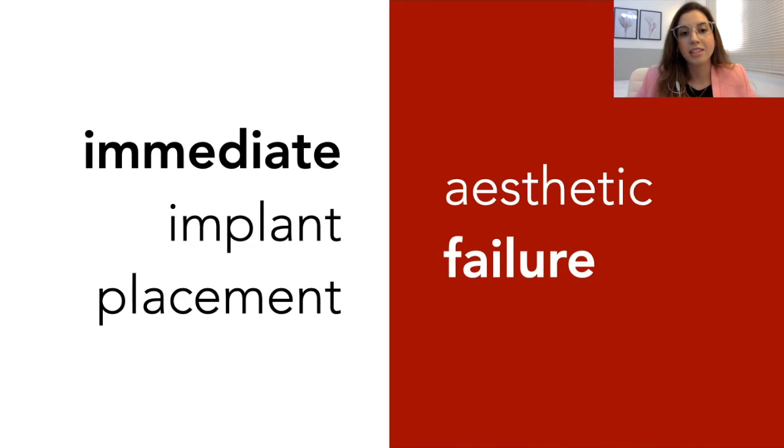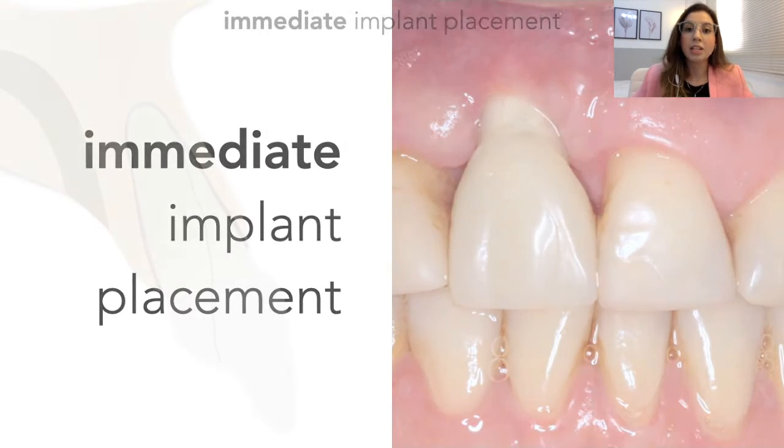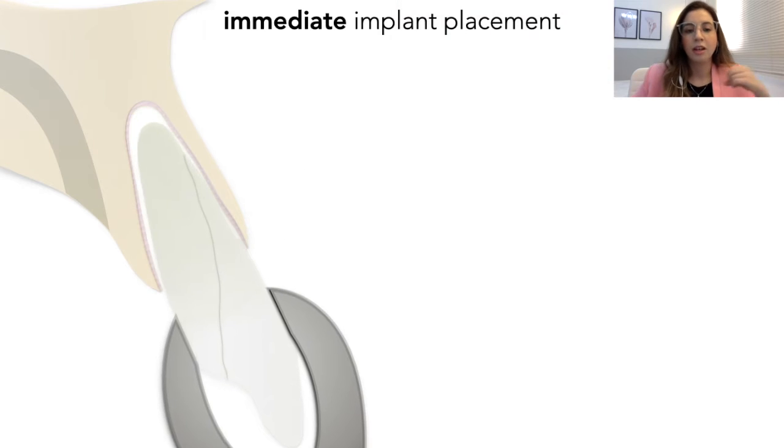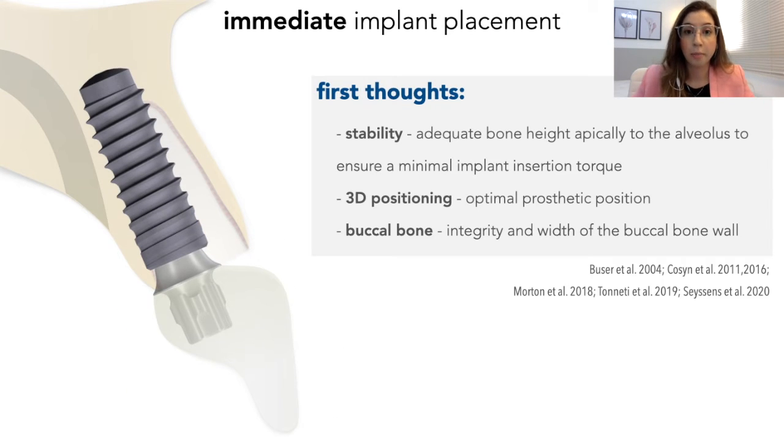And over the past years, immediate implant placement in the aesthetic area was a synonym of aesthetic failure, of aesthetic complications, for example, of mucosal recession. But let's try to understand it. When you think about immediate implant placement, what comes to your mind?